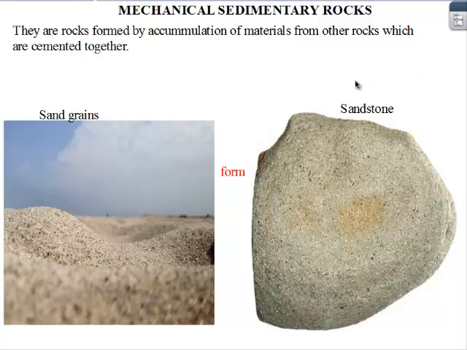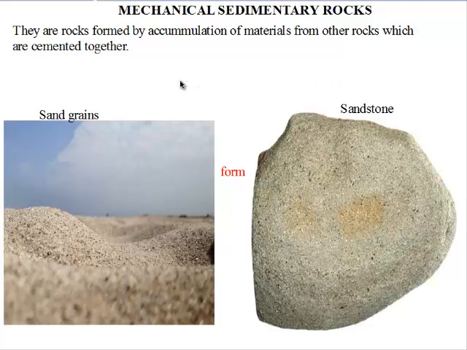So let's look at the mechanical sedimentary rocks. When we talk about mechanical sedimentary rocks, they are rocks formed by accumulation of materials from other rocks which are cemented together.